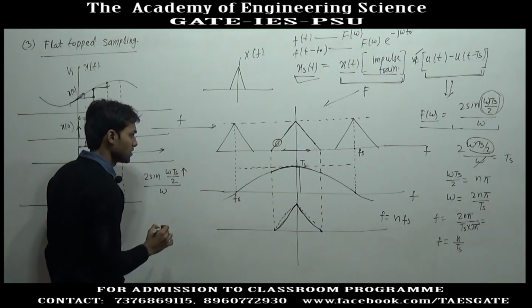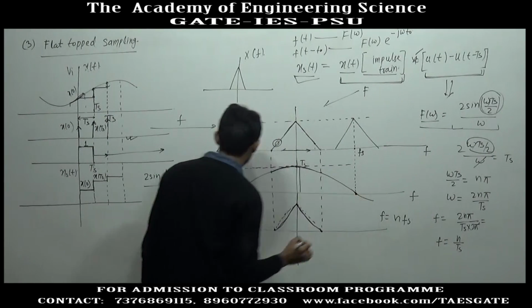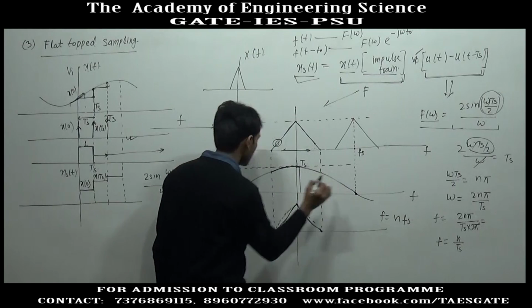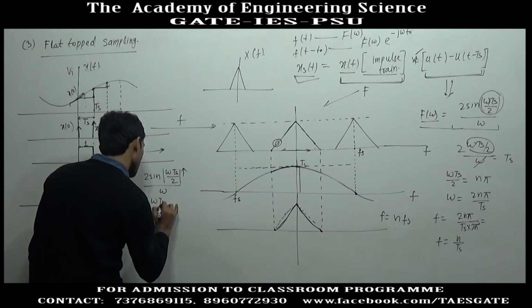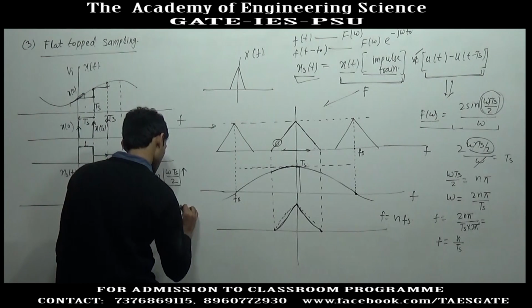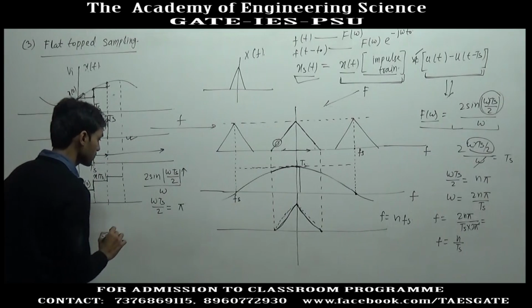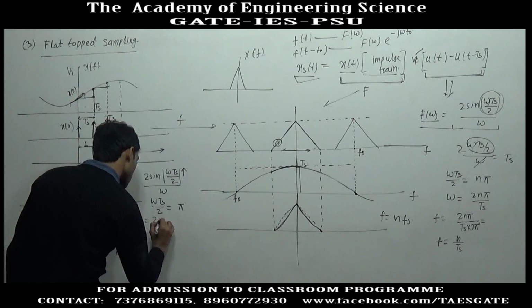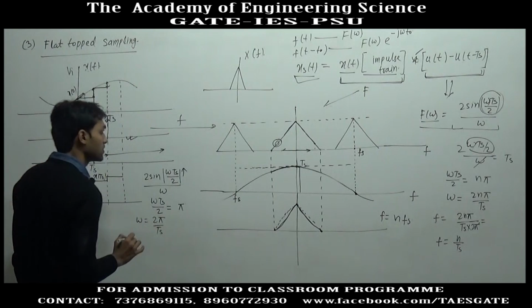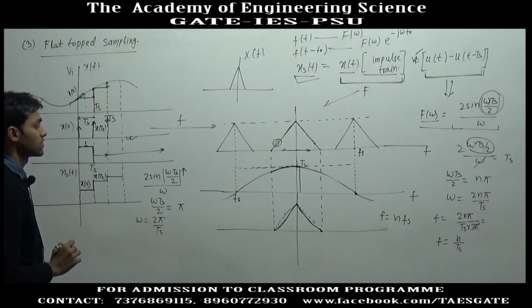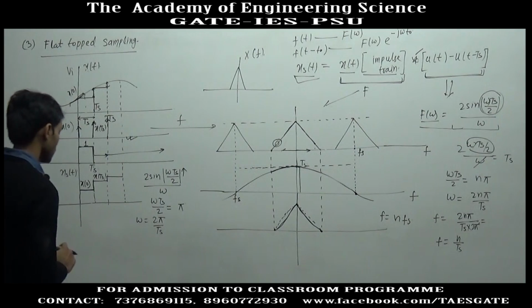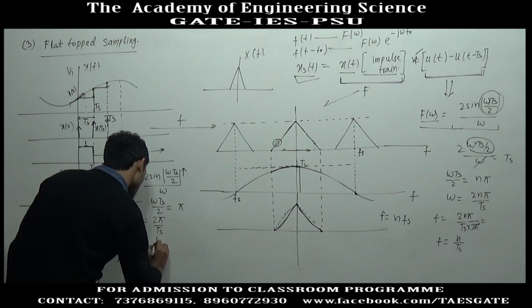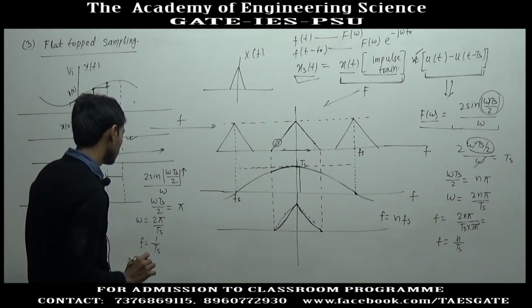If Ts is high, consider this node, the first 0 will occur when this angle is pi, when omega Ts by 2 equals pi, or when omega is equal to 2 pi by Ts, or when frequency is equal to 1 by Ts.